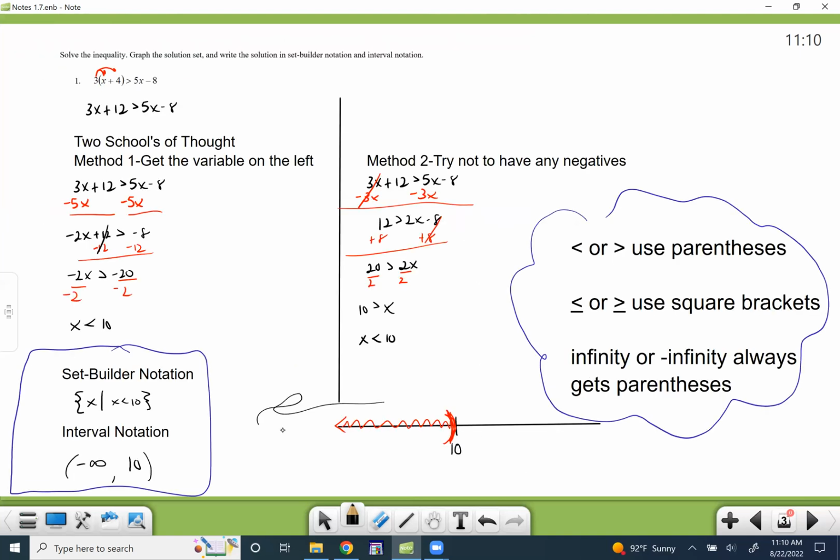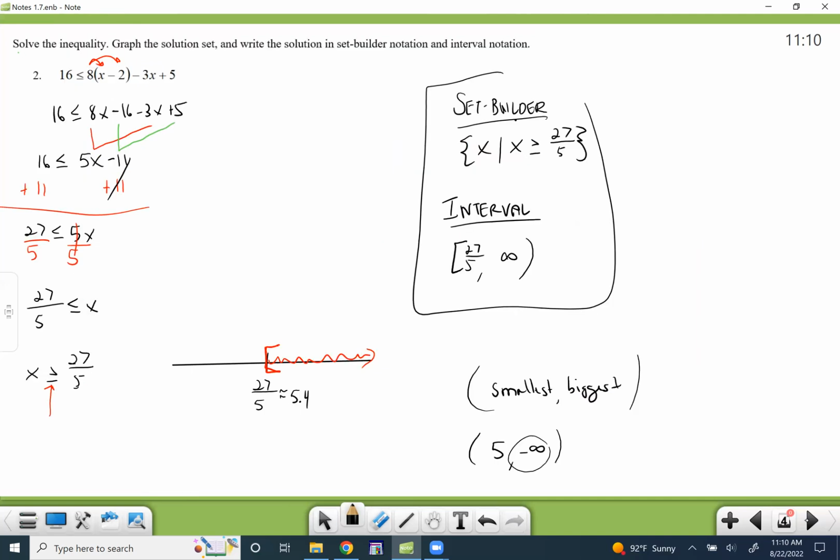It's going this way forever. That is really, really small, right? Bigger numbers are to the right, not to the left. So this is automatically backwards. So make sure you go smallest, comma, biggest, or the one on the left, comma, the one on the right, whatever. Okay. And remember, infinity always gets a parentheses, so that is why I put a parentheses on it. So they might not necessarily match. One might be a square bracket, one might be a parentheses. Maybe they do match, you know, who knows. Okay.